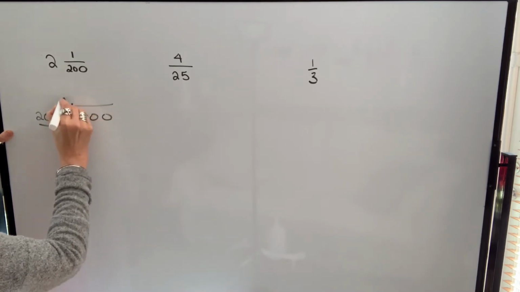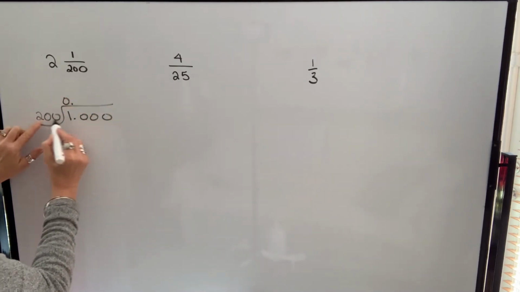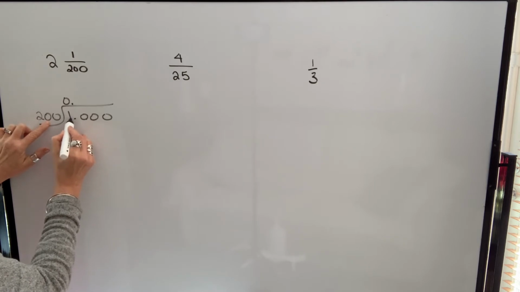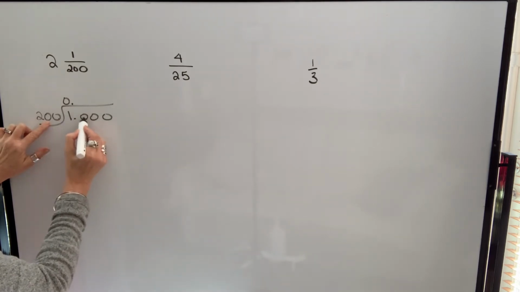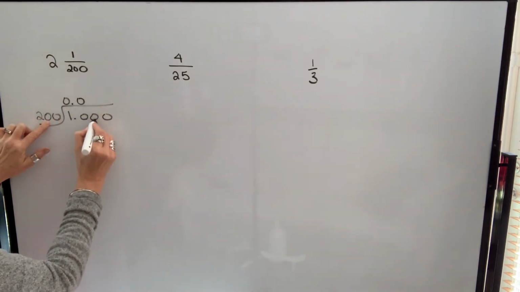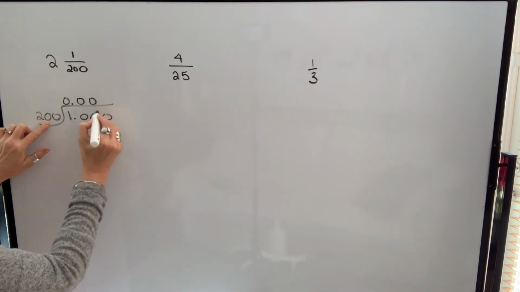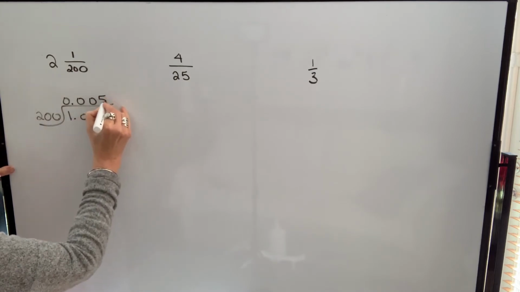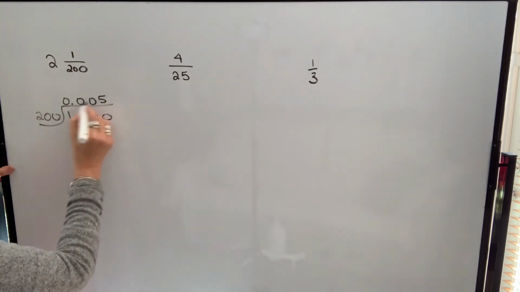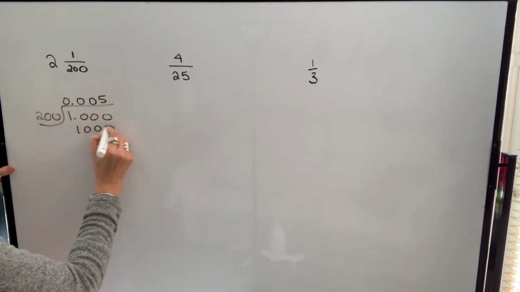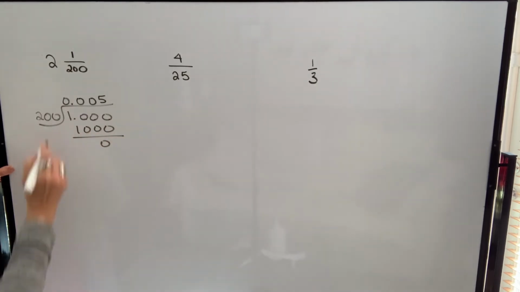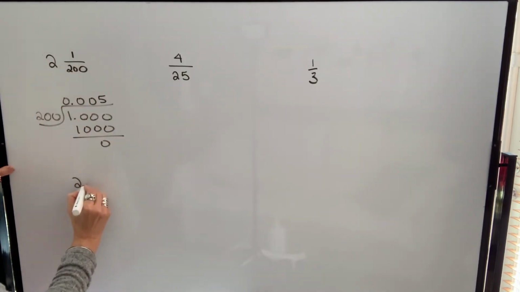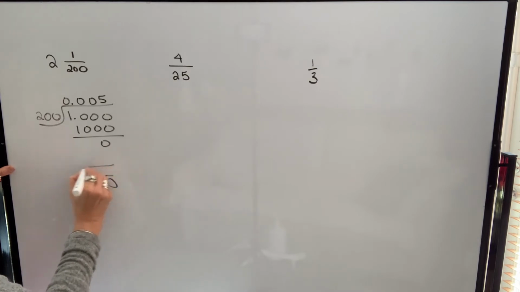So we need our decimal point. 200 does not divide into 1. 200 does not divide into 10. 200 does not divide into 100. 200 divides into 1,000 5 times. 5 times 200 is 1,000, and we're done. So we could express this as 2.005.